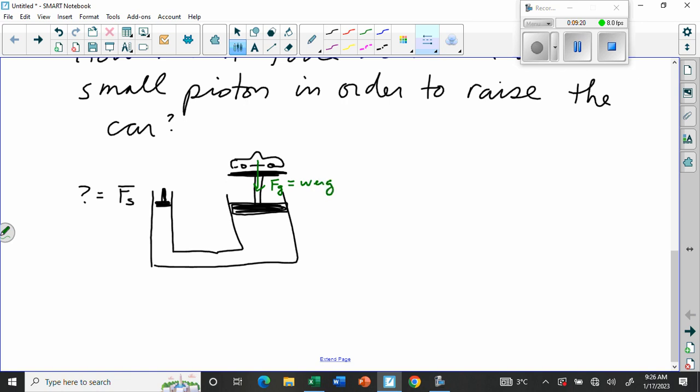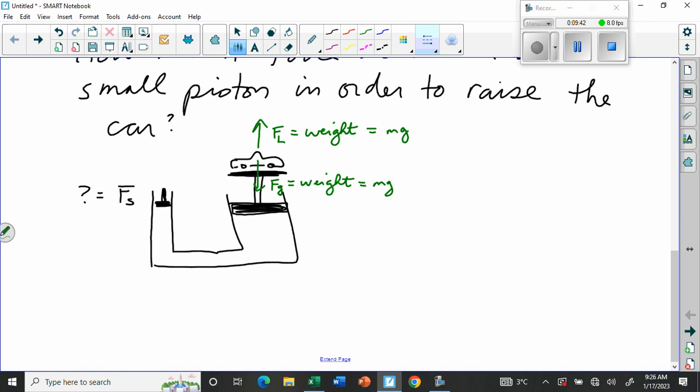When you lift something, remember, you have to apply a force equal to its weight. So if we want to lift this piston, this force of the large piston lifting up has to be equal to the weight of the car so that we can lift it. And of course, the weight of the car is the force of gravity, which is mg.